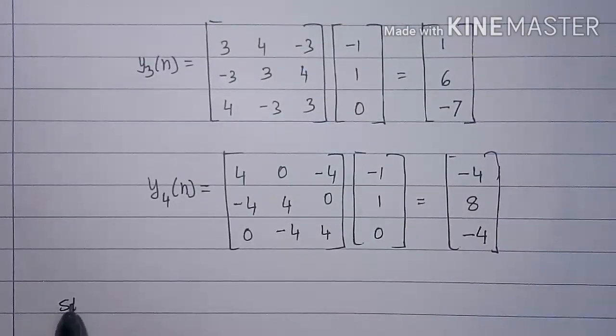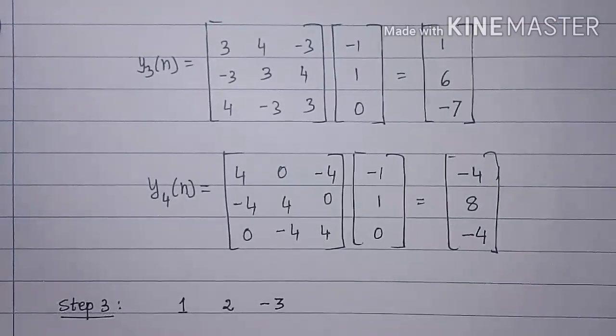All right, step 3. In step 3, I'll first write 1, 2, minus 3. This is y1 of n.